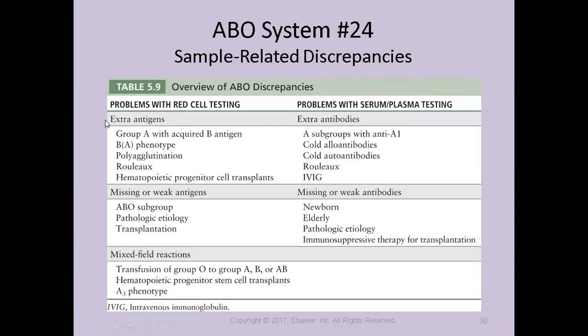First of all, sometimes in our forward typing, extra antigens show up. We see a bunch of things listed here. In our reverse typing, sometimes extra antibodies show up. Sometimes we have missing or weak reactions in both antigens and antibodies, and mixed field.